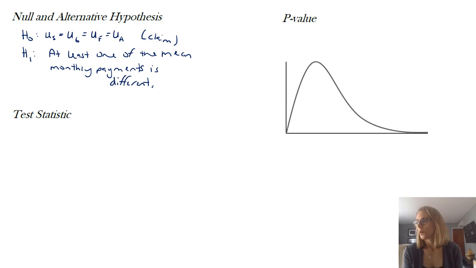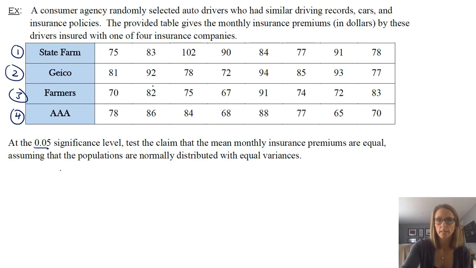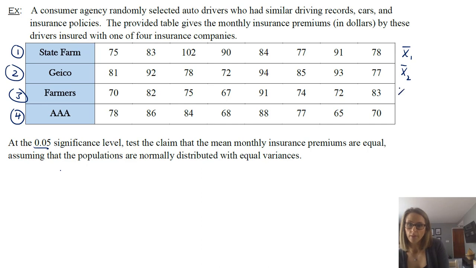Okay, so we will be doing this on the calculator, just using the ANOVA, but I will mention really quick coming back here that if you do look at the mean of each of these, just from an interesting perspective, if you found the mean of each one, you'd get $85, $84, $76.75, and 77.